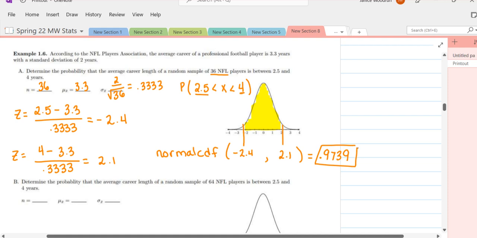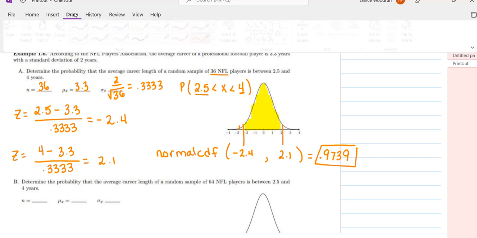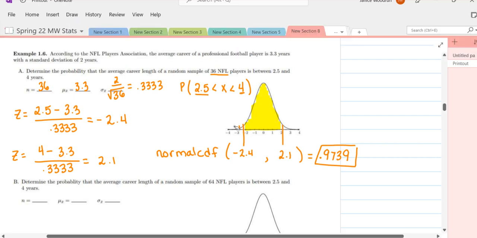Okay, so in this sample of 36 players, you have about a 97% chance, or about 97% of them have a career between 2.5 and 4 years, because outliers is a very small amount, the ones on the outside. People who get cut in the first year or flame out, and then you got over here like the Tom Brady's.